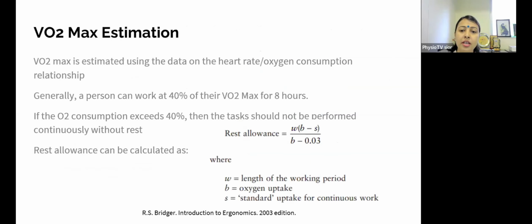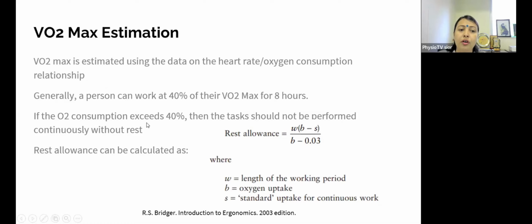And now there is a formula through which, once you have the VO2, you can estimate the VO2 max during the work, of course, not otherwise. By using this formula, VO2 max estimation can be made. Generally a person can work at 40% of their VO2 max for 8 hours.